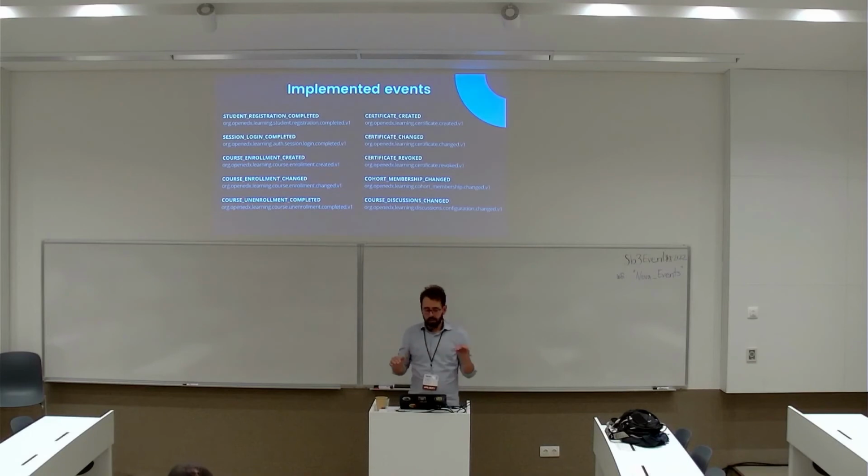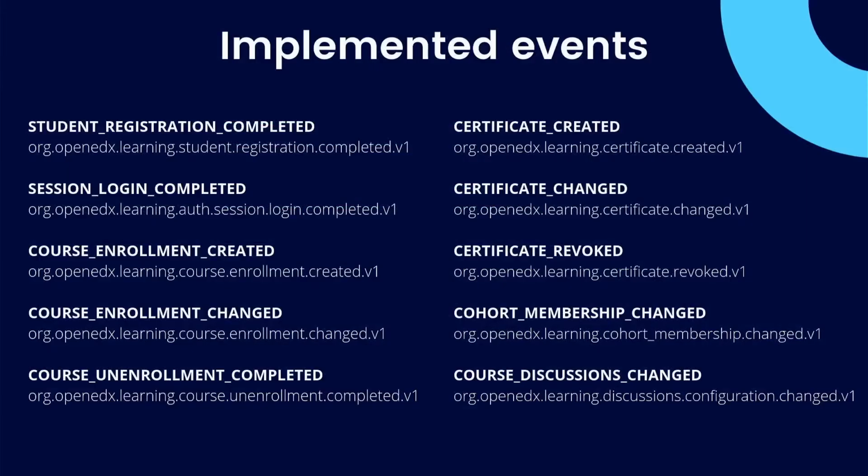The best news of all this is that this is a done deal. It's implemented and it's in master. At the moment, we have about 10 implemented events. Those are for student registration and login, enrollments, certificates, and some cohort membership. I'm especially fond of that last one, course discussion changed, because we did not write that event.